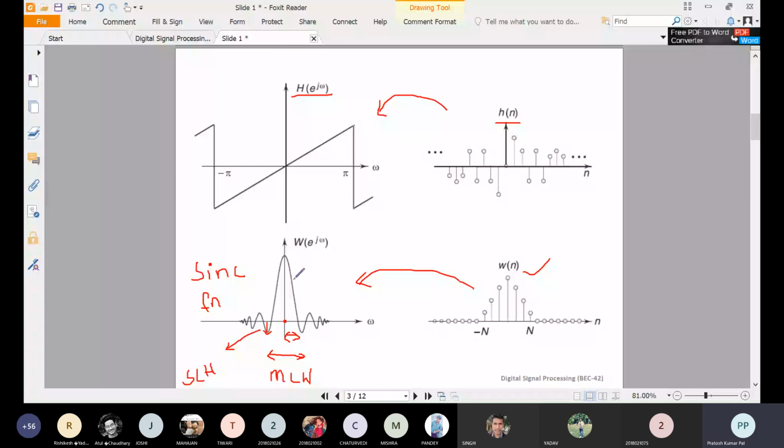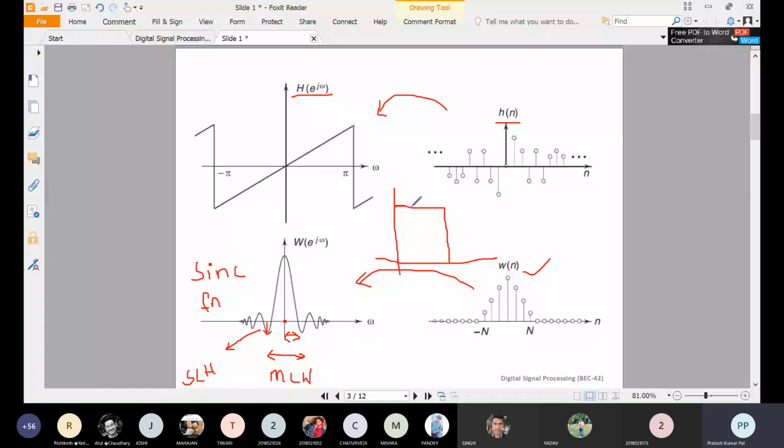So there are two parameters in the frequency response of a window function: one is the main lobe width, another is the side lobe height. For a filter design to be identical to an ideal filter, suppose we need to design a low pass filter. The ideal low pass filter is this one, but practically, if we design a filter, it will be like this.